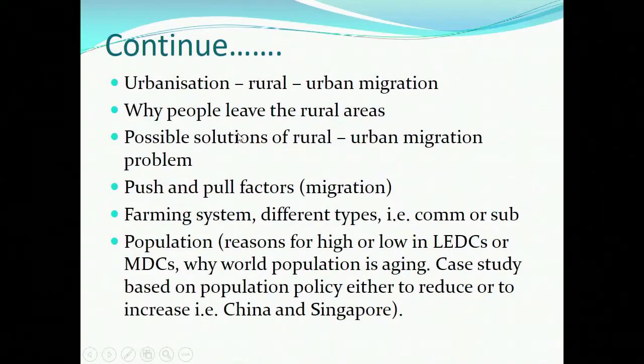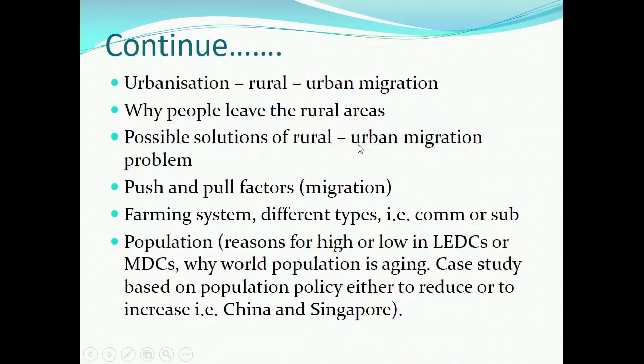At the same time, as they move, they come with certain problems. Therefore, you need to know and understand the solution of what should be done to reduce the problem of rural-urban migration. What should we do?